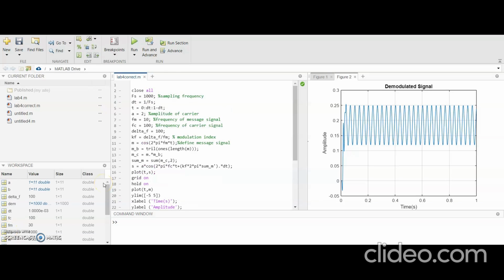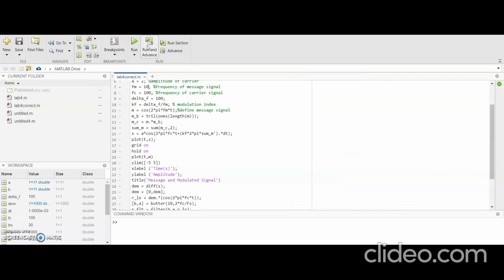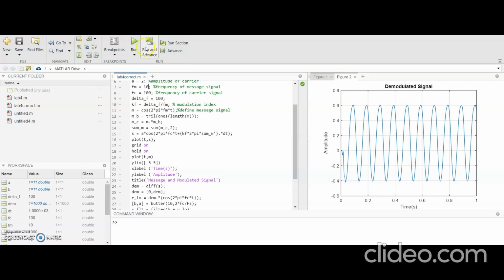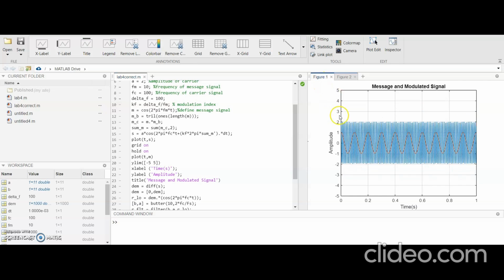Now we are going to change the modulation index, starting when delta F equals 100, and we run it. The graph of the message and modulated signal will be like this.